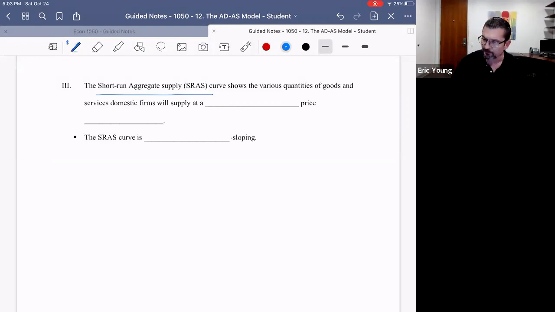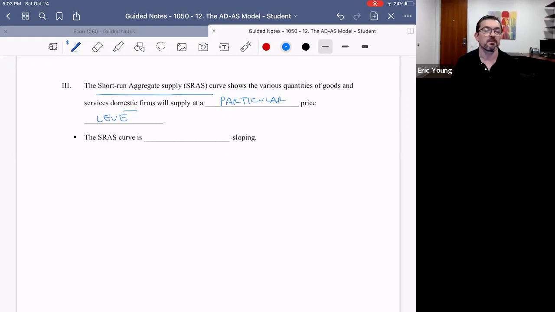Okay, let's jump in. So by definition, the short run aggregate supply, the SRAS curve, shows the various quantities of goods and services that domestic firms will supply at a particular price level. Again, same idea.